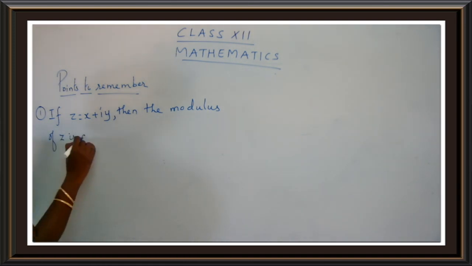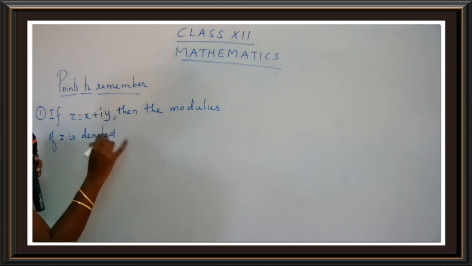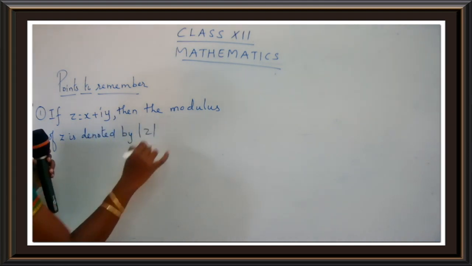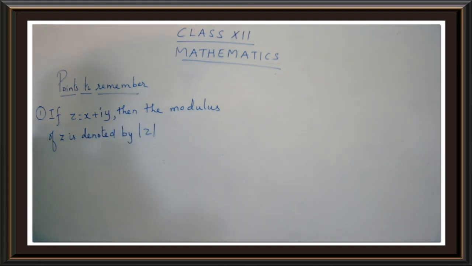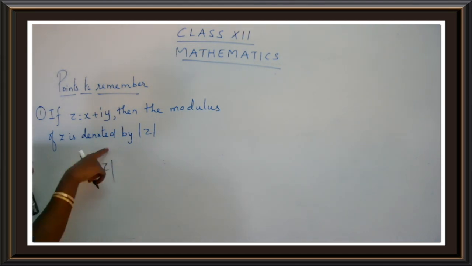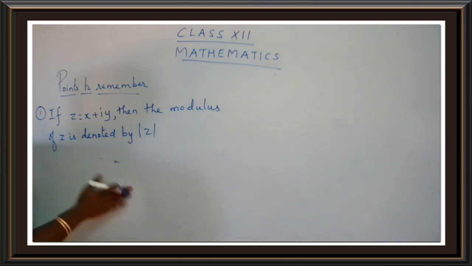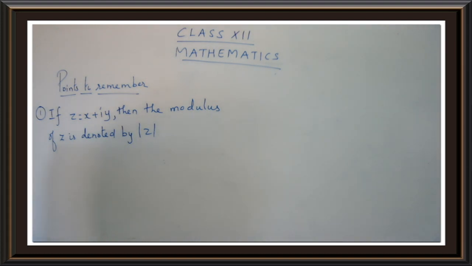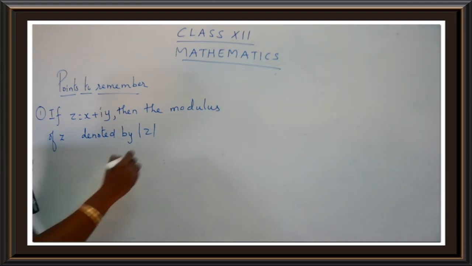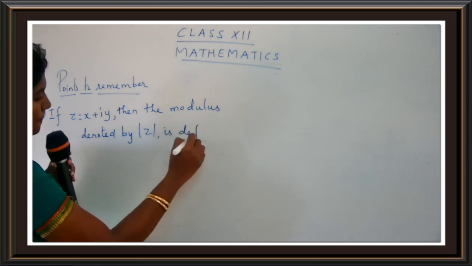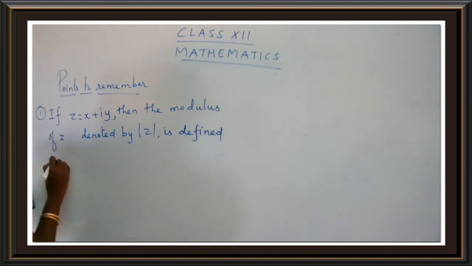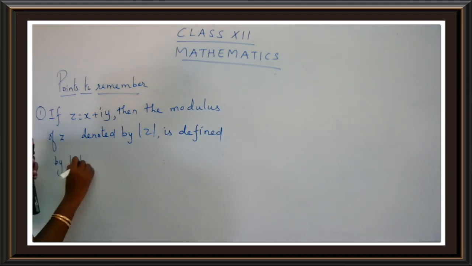Already we have studied about mod z, children, absolute value or modulus, yes? So same way, is denoted by modulus z. Is defined by mod z is equal to square root of x square plus y square.